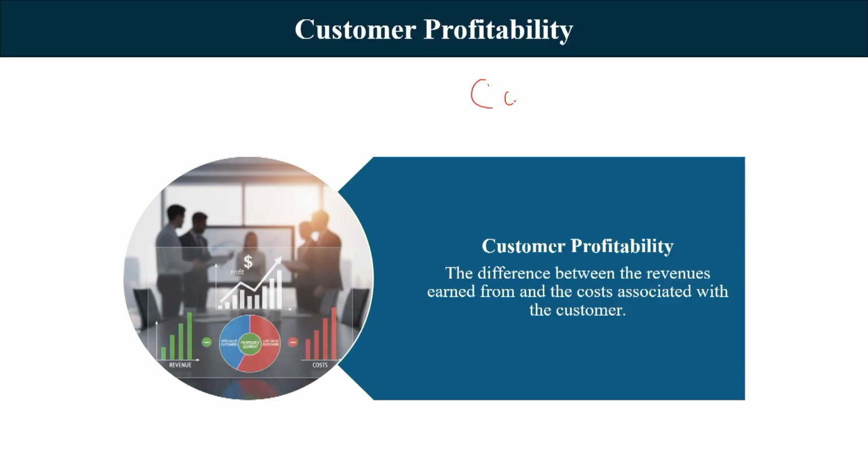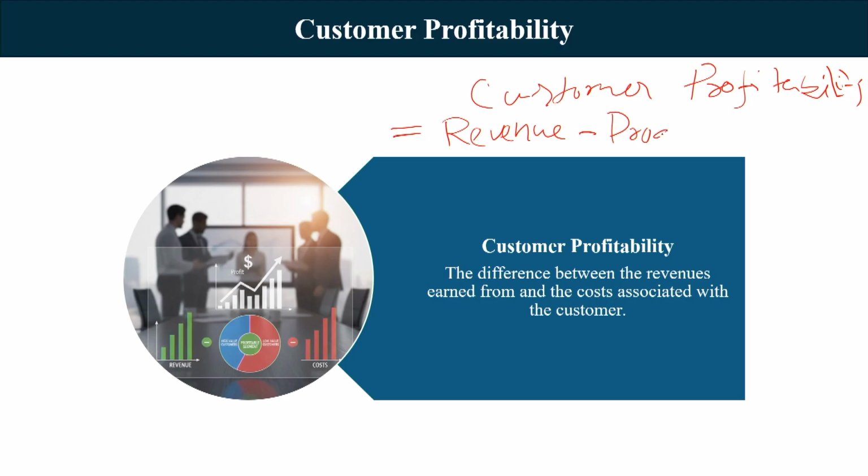So, if I have to write it in the form of a formula, then customer profitability equals revenue from the customer minus production cost minus customer relationship cost. So, customer relationship cost is an indirect cost.